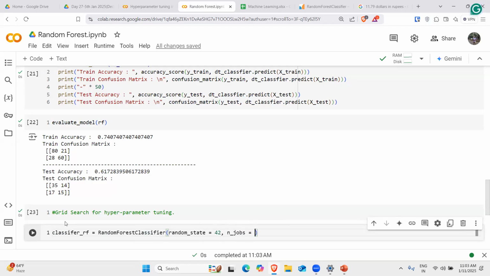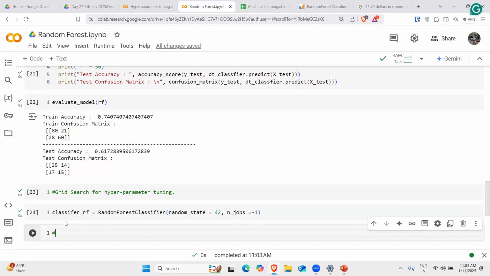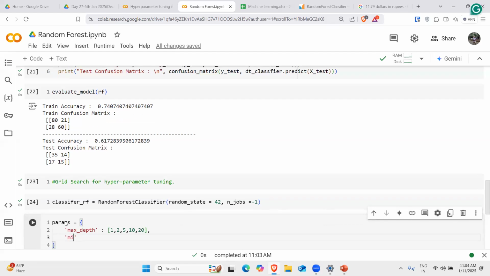You can create your hyperparameter tuning like this, and just create a params grid equal to this, and in that you add max depth equal to 1, 2, 5, 10, 20, minimum samples leaf is 5, 10, 20, 50, 100.